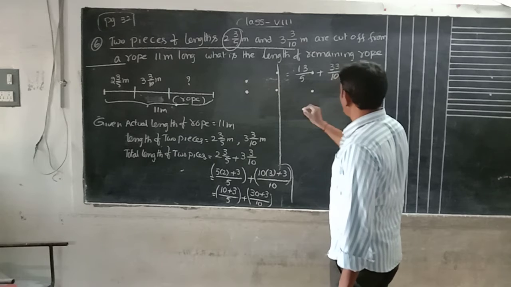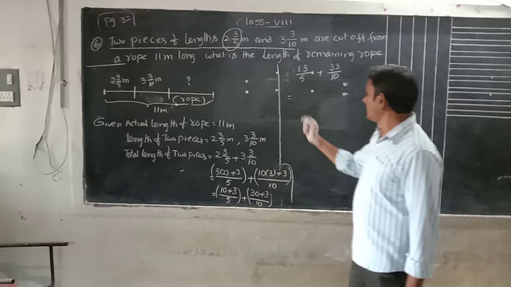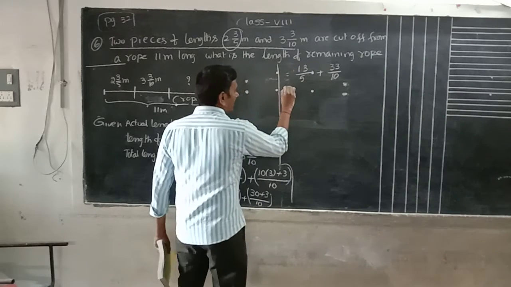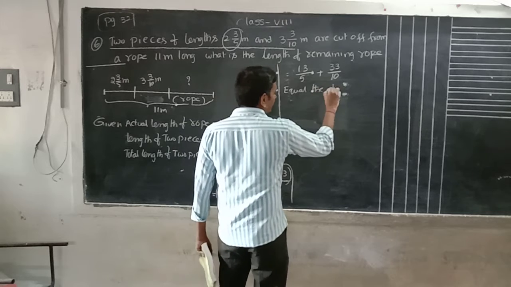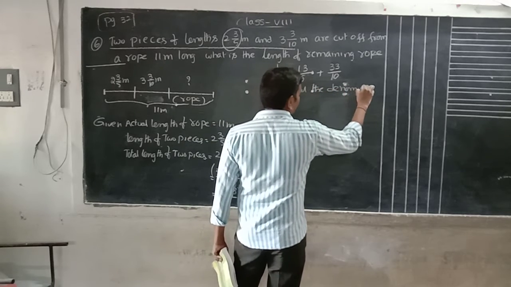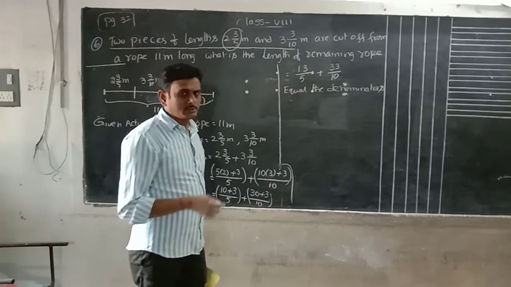Now we have to make the denominators equal. If we do cross multiplication we will get very big values.